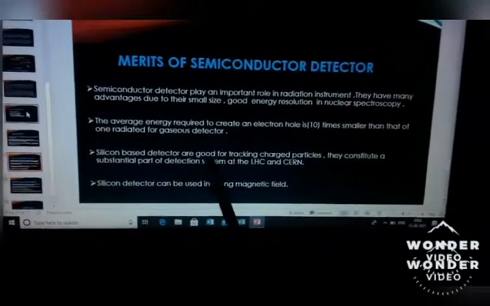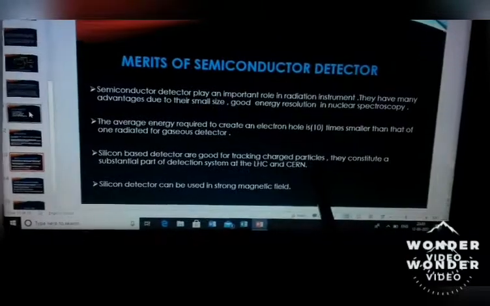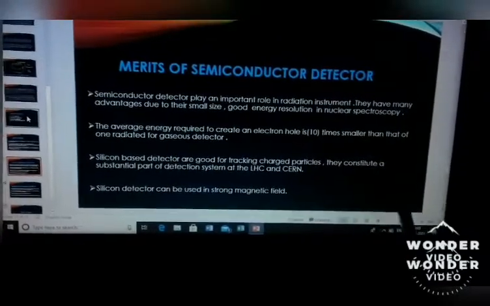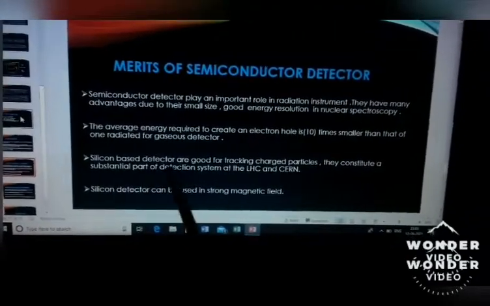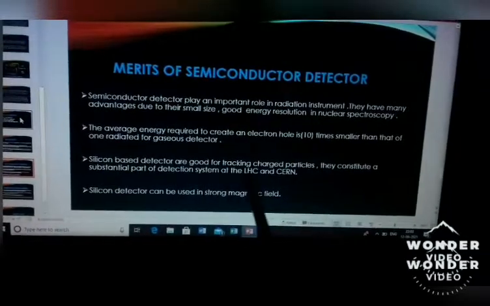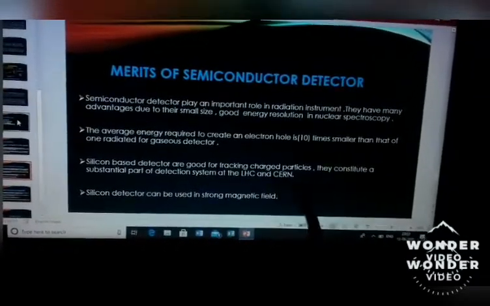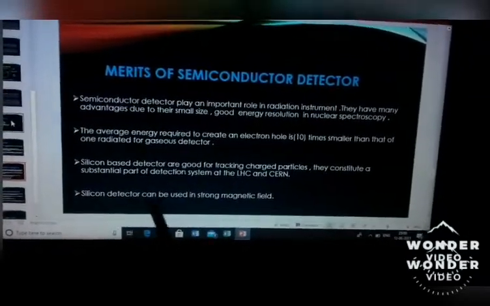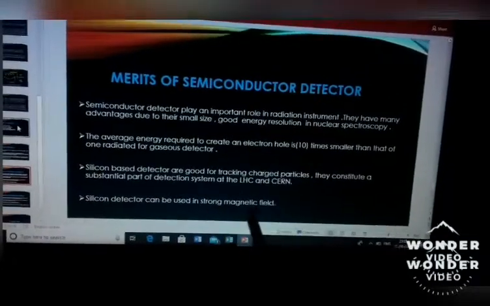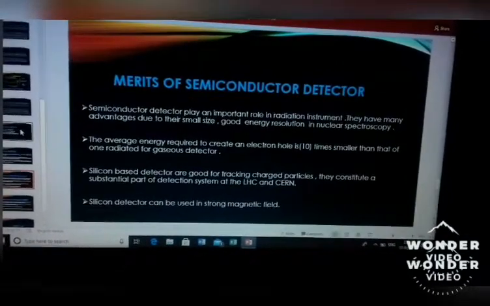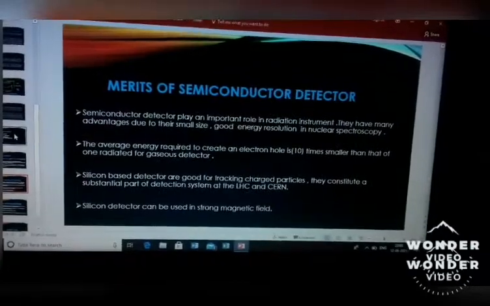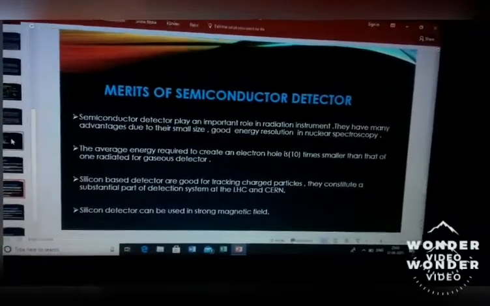Silicon-based detectors are good for tracing charged particles. They constitute a substantial part of the detection system at the LHC at CERN. Silicon detectors can be used in strong magnetic fields. So these are the advantages of semiconductor detectors.